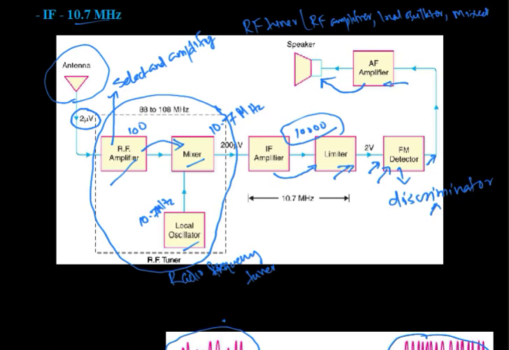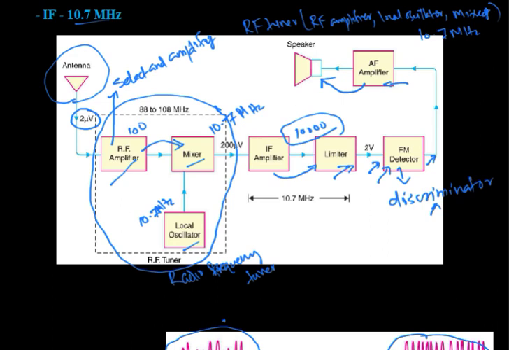The function of this RF tuner is that it selects the desired frequency of the radio wave received by the antenna, amplifies it, and gives it to the mixer circuit, and it provides a low frequency fixed 10.7 megahertz wave in the output.